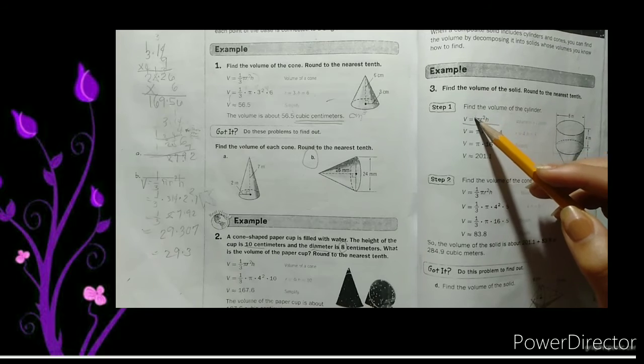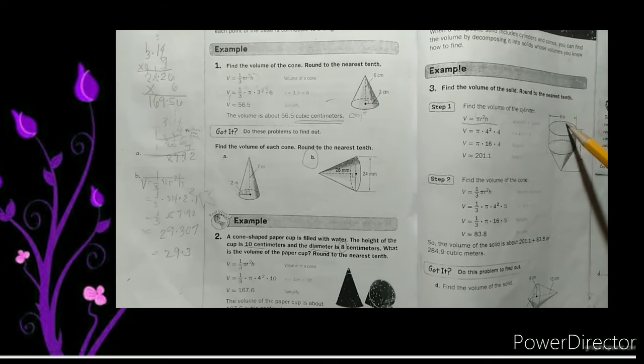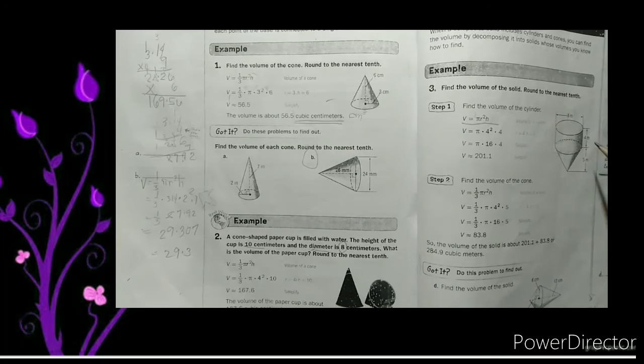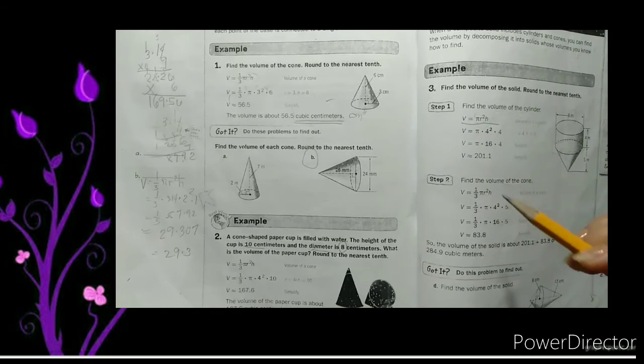So no 1/3 here. Simplify. Here you have the radius of 4, because this is the diameter, 8, and half of 8 is 4. Then the height here is 4. So pi is 3.14.